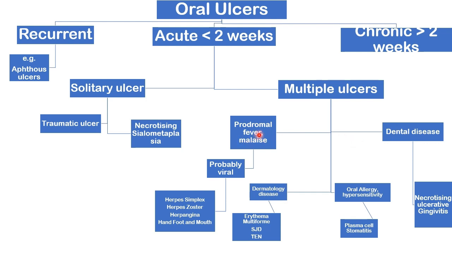If it is multiple acute ulcers associated with a prodrome, it's usually viral in origin, either Herpes Simplex, Herpes Zoster, Herpangina, or hand, foot and mouth disease. If it is associated with skin conditions, it may be Erythema multiforme, for example. And if you have reason to suspect allergy, consider plasma cell stomatitis. And in the dental associated problems, it may be a necrotizing ulcerative gingivitis.